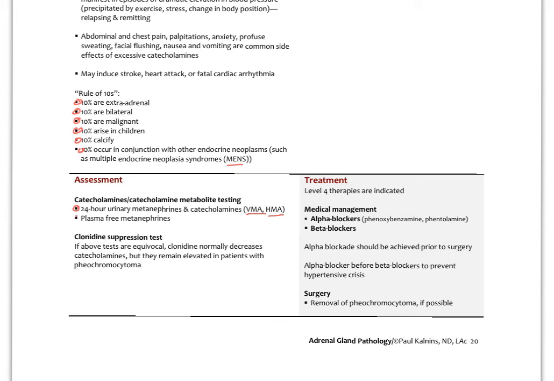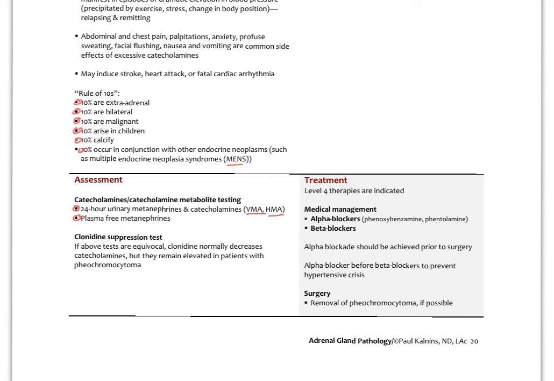The other is to look at plasma-free metanephrine. So both of those would be our diagnostic tests. Clonidine suppression test: clonidine blocks sympathetic outflow, and if these tests are uncertain, then the clonidine can be given. That normally should depress catecholamine outflow, but the catecholamines will remain elevated in the pheochromocytomas.